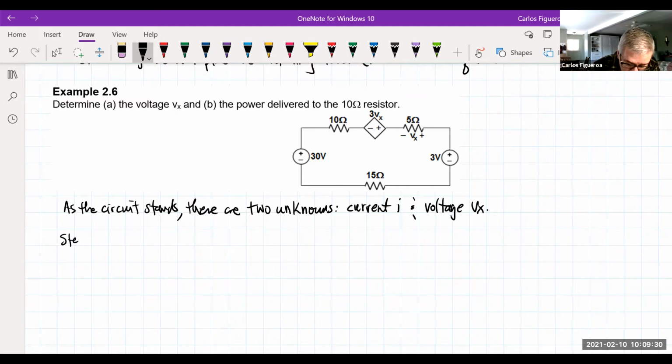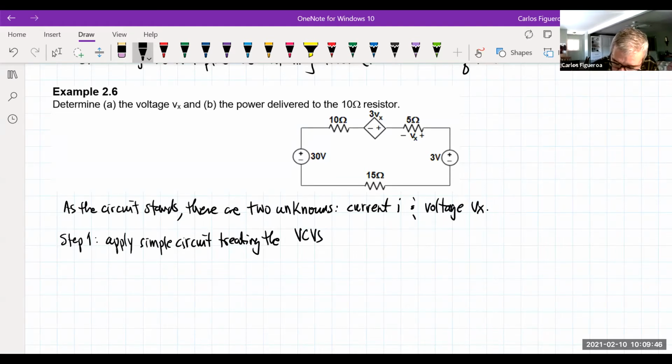So my first step here is that I'm going to apply simple circuits, treating the voltage controlled voltage source, which means that's the 3Vx source, as any other. So what I'm seeing here is that I have three sources. Now I can pick my loop direction in any direction.